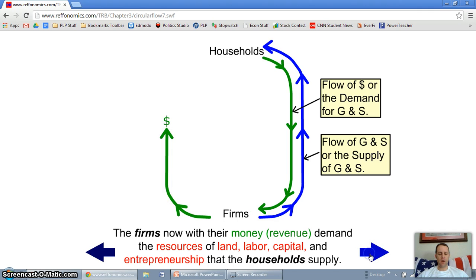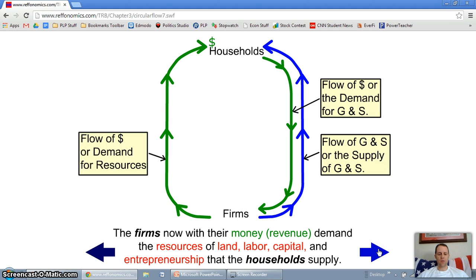So the firms have money, and they are going to take their leftover profit and spend it on continuing to operate their businesses. They need to purchase those inputs, the factors of production. So they send their money towards the households to hire workers, to purchase the natural resources they need. They have demand for the resources, and the households have supply of the resources.